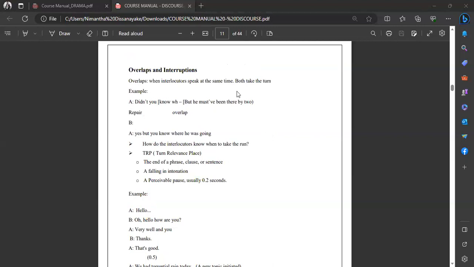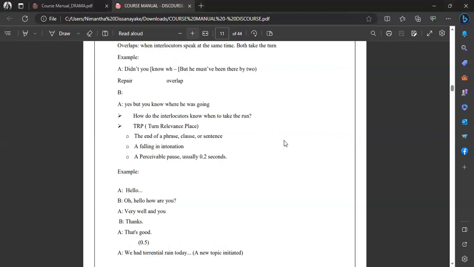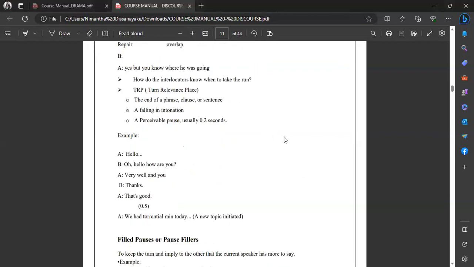Right. So there we see that a new topic is initiated at the last sentence. With 0.5 seconds pausing, the first speaker himself would turn to a new topic.